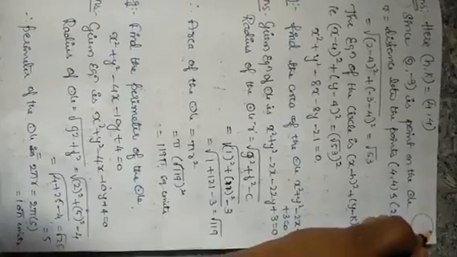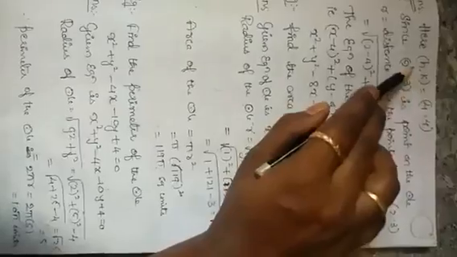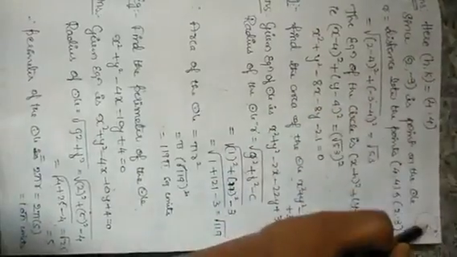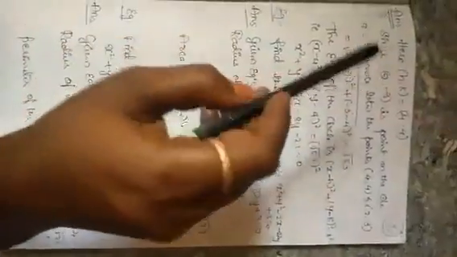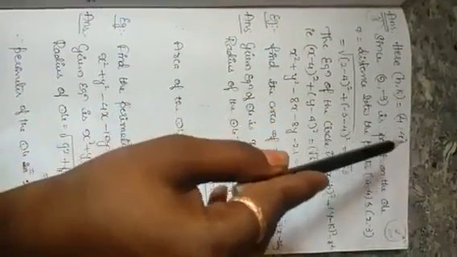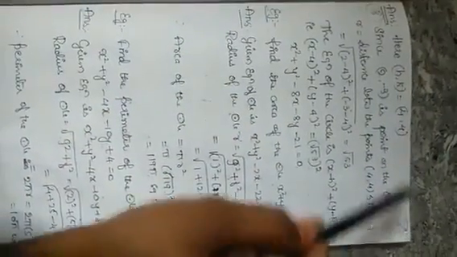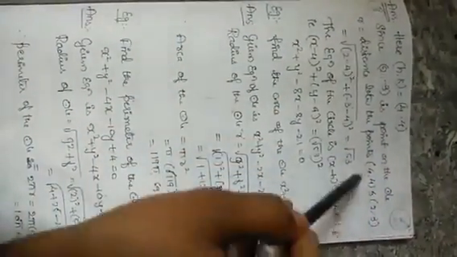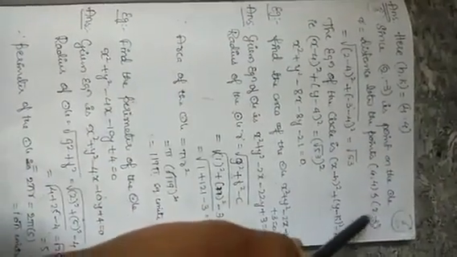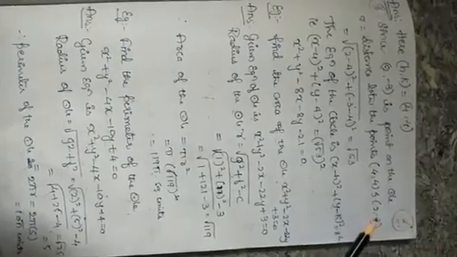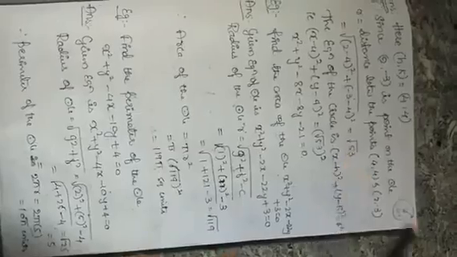Consider this as a point (2, minus 3), with (h, k) representing the center, which is (4, 4). Since (2, minus 3) is a point on the circle, the distance between these two points, by the distance formula, can be written as (2 minus 4) plus (minus 3 minus 4), which is equal to 53.